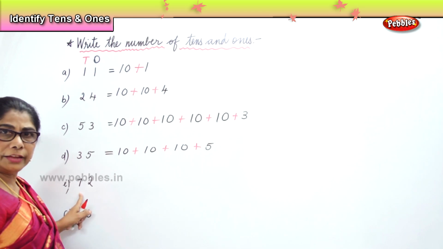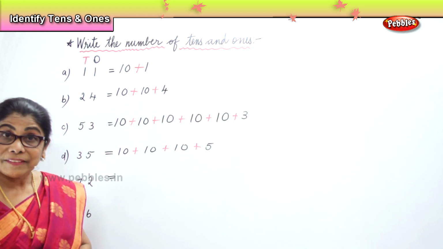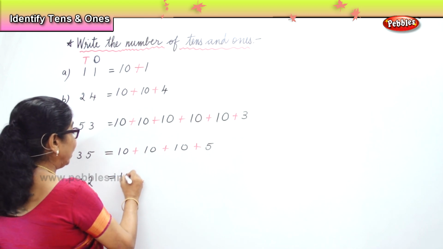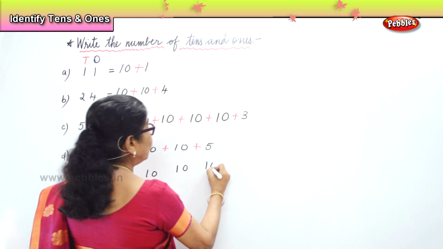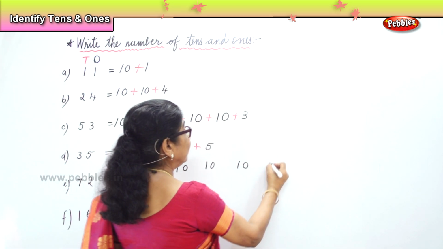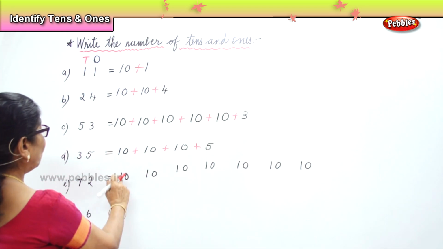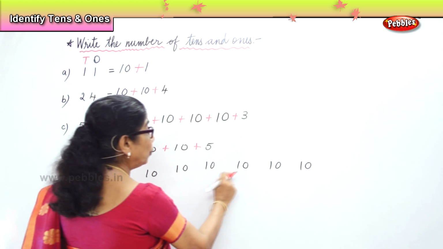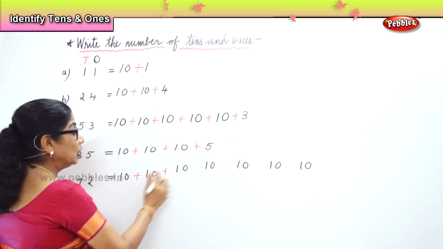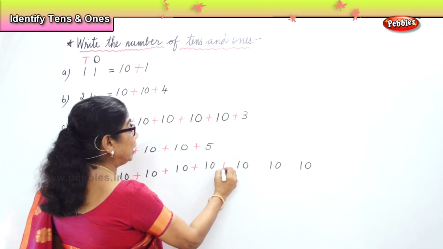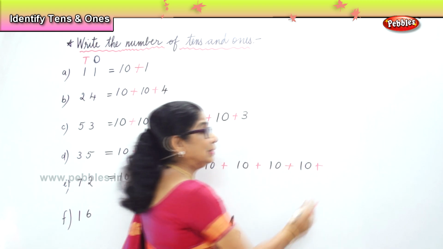Next, you have 72. How many tens in 72? 7. Very good. So you have 1 ten, 2, 3, 4, 5, 6, 7. Let's count. 10 plus 10, 20 plus 10, 30, 40, 50, 60, and 70.